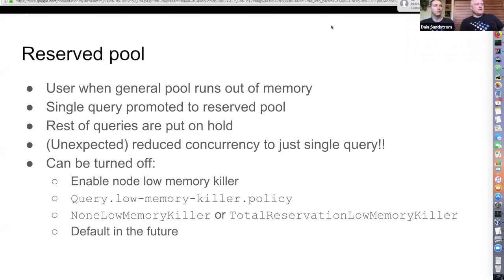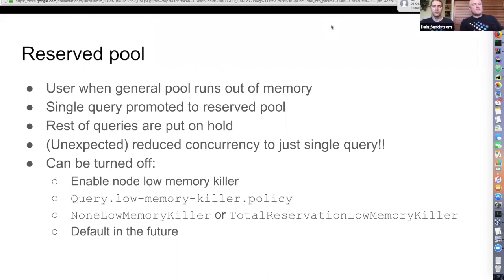Well, actually, let's back up. This all works assuming you have more resources than you need at all times. You can set up any of these, and this is what we ran into when we first set this stuff up: we actually had plenty of resources, and therefore none of these triggered. In a low resource situation, the reserve pool works as long as a single query can use all the resources of a system.